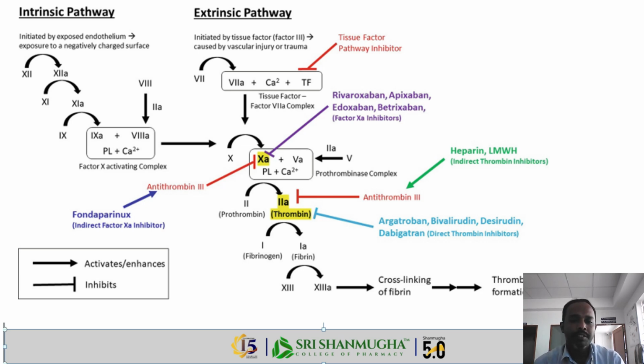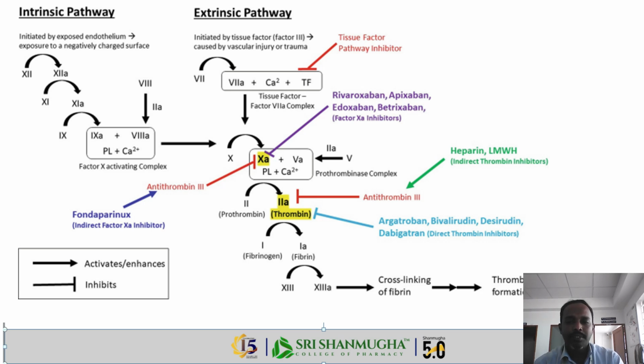This 10A converts 2 into 2A, thrombin. 2A converts 1 into 1A, that is fibrinogen to fibrin. Fibrin assists the conversion of 13 to 13A, leading to cross-linkage of fibrin. Here the set of drugs we discussed in the classification will inhibit certain steps. The major one is the inhibition of 2A, thrombin.